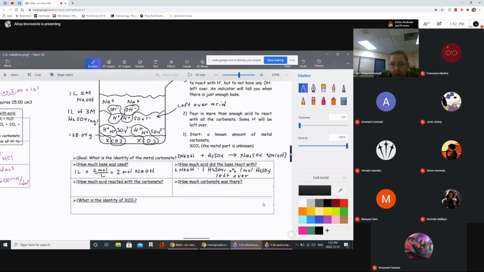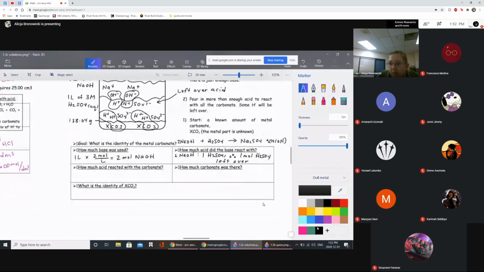Maybe I will go down here, and we can make this in blue. So I have 2 moles NaOH. How many moles of H2SO4? I want to know how many moles of H2SO4 2 moles of sodium hydroxide corresponds to.